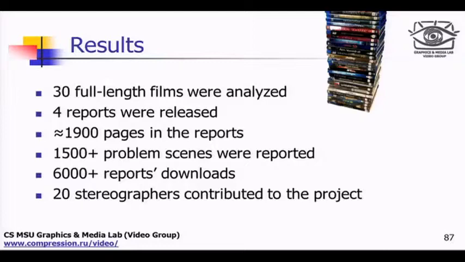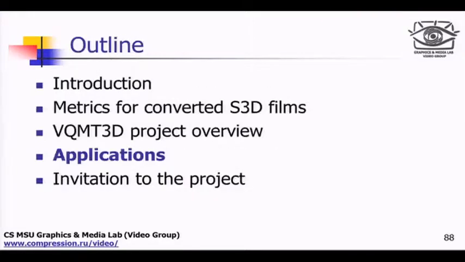And we report a lot of real problems. And we have very strong feedback from professionals from the industry. And 20 stereographers directly contribute to our report, and you can see comments.